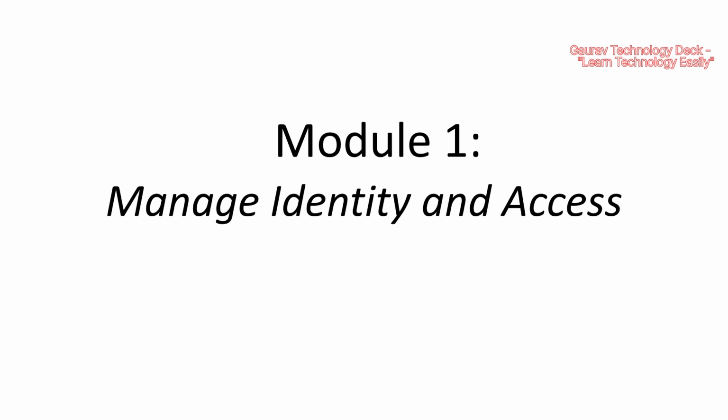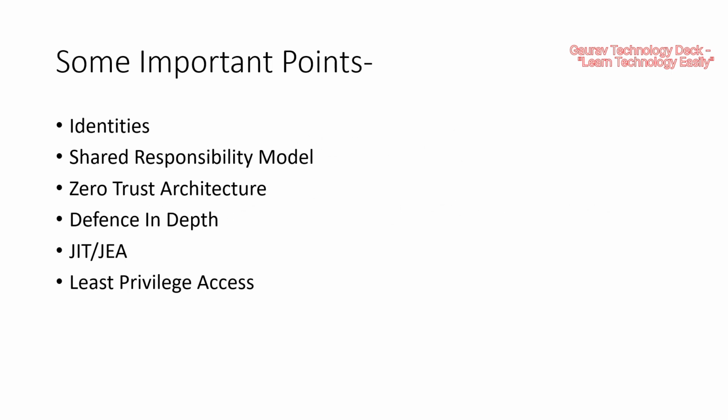I have already told you that I'll try to explain some terminologies which you don't already know. So before going into the depth of this module, let's understand some important points, which are identities, the shared responsibility model, zero trust architecture, defense in depth, just in time and just enough access, which is JIT and JEA, and least privilege access.